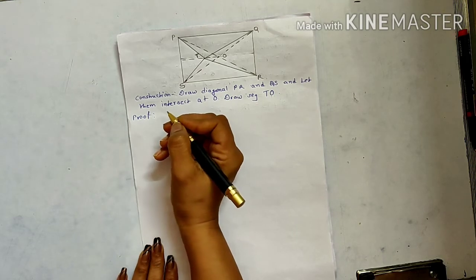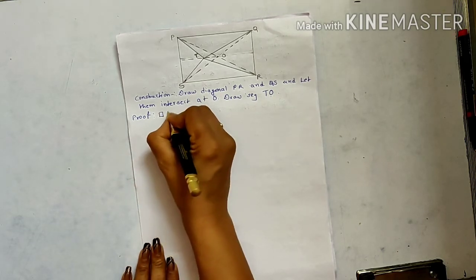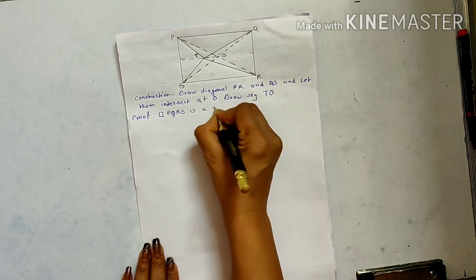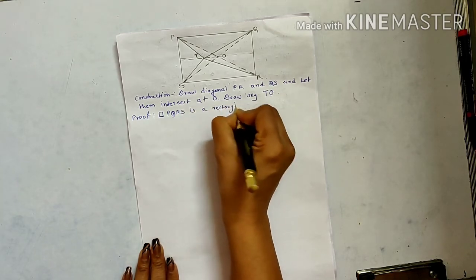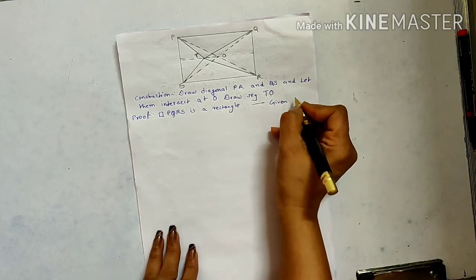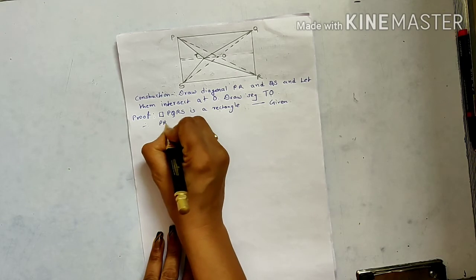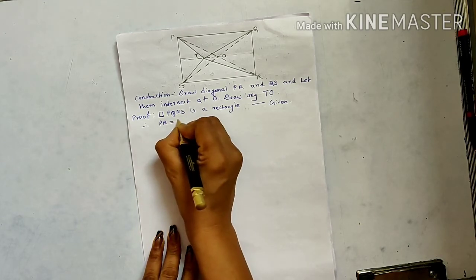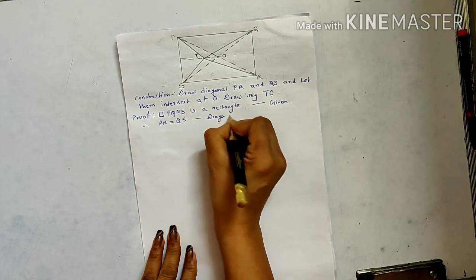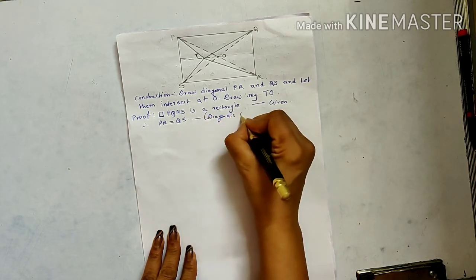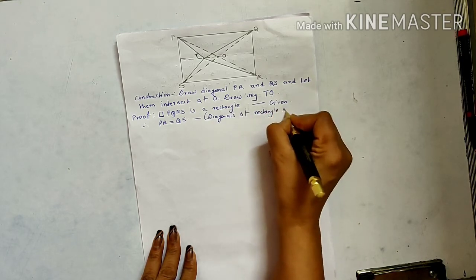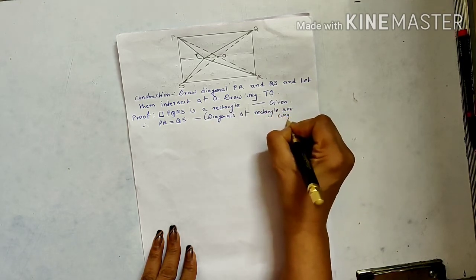Then proof. Proof starts from what is given. We know that PQRS is a rectangle. This is given. For a rectangle, diagonal PR is the same as diagonal QS. Reason: diagonals of a rectangle are congruent.